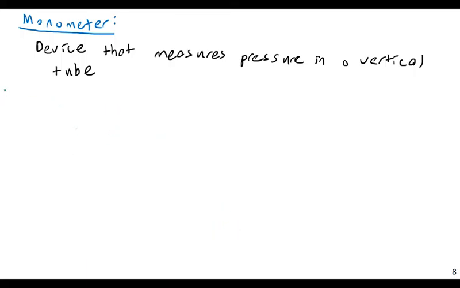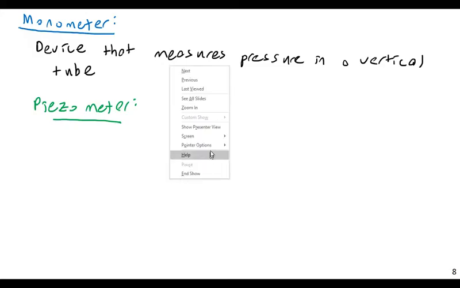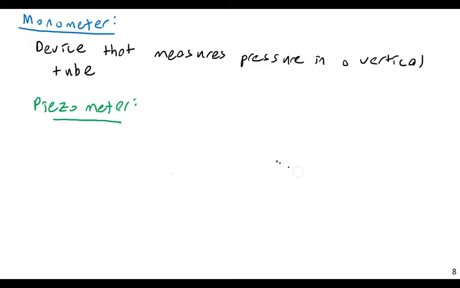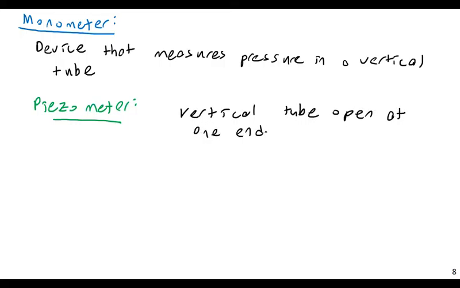But a specific application of this, a piezometer, is going to be a vertical tube, open at one end, attached to a container. Typically a pressure vessel, like a boiler or something like that.